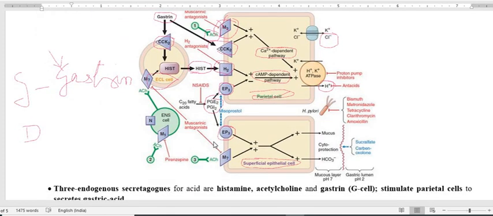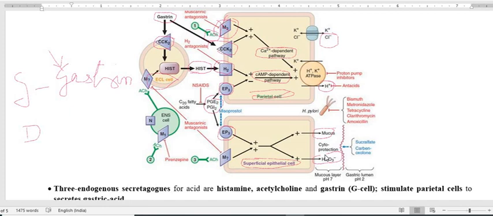and when the same autacoids act on the EP3 receptor present on the mucous cell or superficial epithelial cell, it has a positive effect after its activation in the release of cytoprotectant mucus and another cytoprotectant, bicarbonate. So how is this mucus going to help in the inhibition of formation of peptic ulcer?